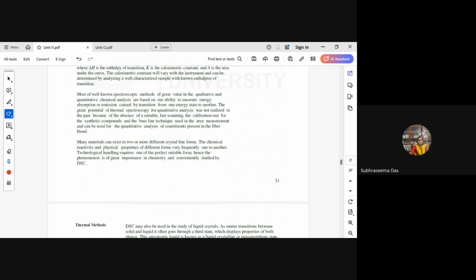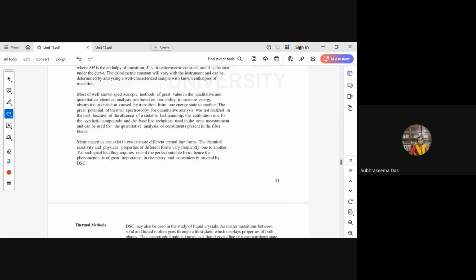Most of the well-known spectroscopic methods are quite important in qualitative and quantitative analysis of chemicals, and they are mostly based on the principle of absorption or emission caused by the transition of energy from one state to another.